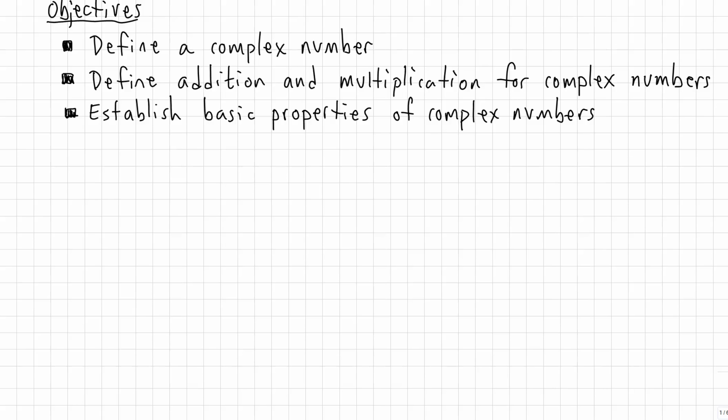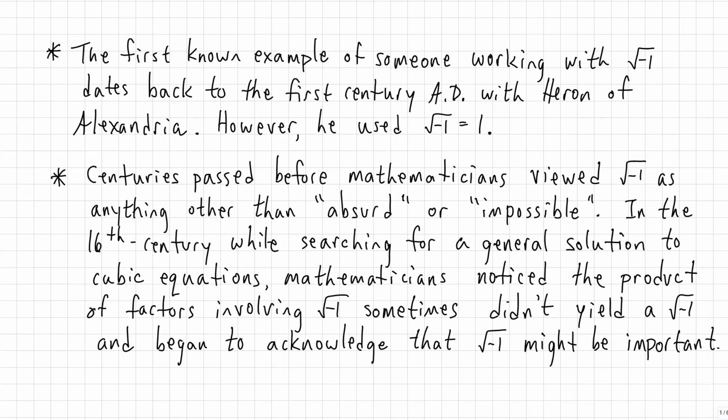So before we get going, let's get a little history of where this all started. The first known example, the first existing example from a still existing document of someone working with what we now associate with complex numbers, the square root of -1, dates all the way back to the 1st century AD with Heron of Alexandria.